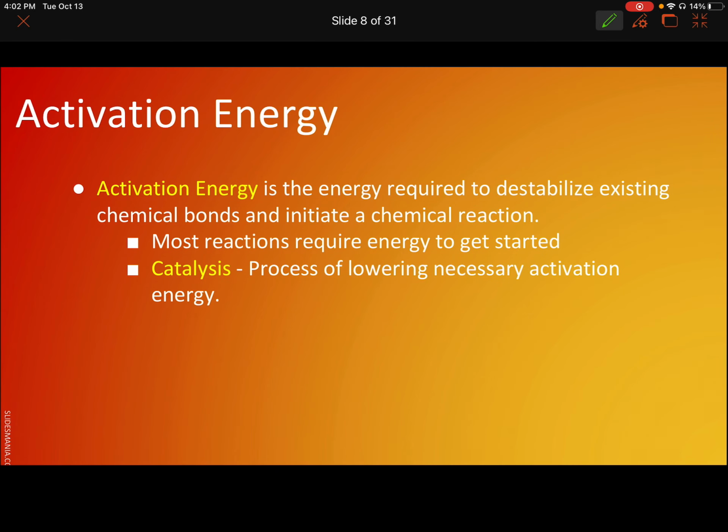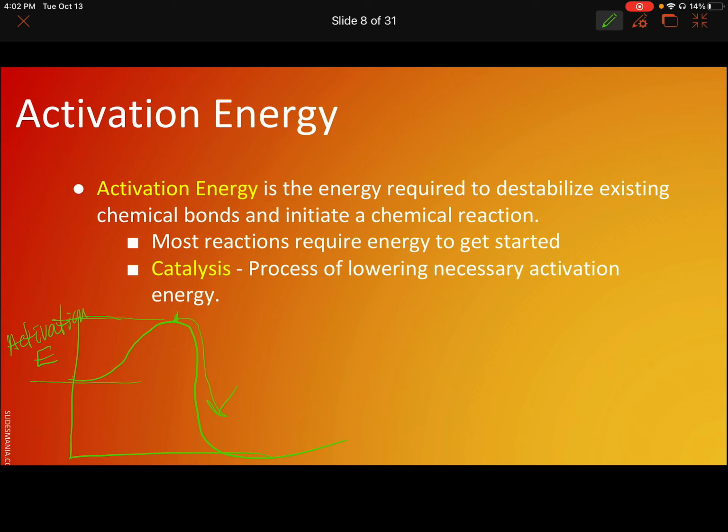All right, activation energy. When you have a chemical reaction, you're talking about this amount of input that you have to put in first. This is the activation energy. It's the amount of energy that you need in order to get past this point of no return so that the chemical reaction can proceed.